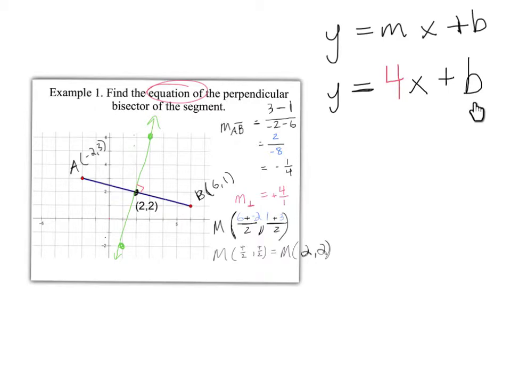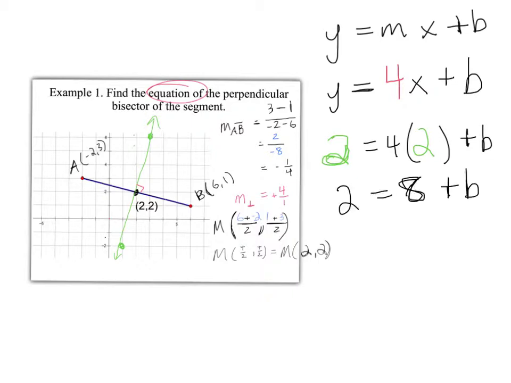I need to actually find out what its numerical value is. So I need to know if I know any points on this line. Do I know any points on the perpendicular line whose equation we're trying to find? Yes, I do. I know this point right there, 2, 2. So let's plug it in. Alright, so I plug in 2, 2, and now I solve for b.